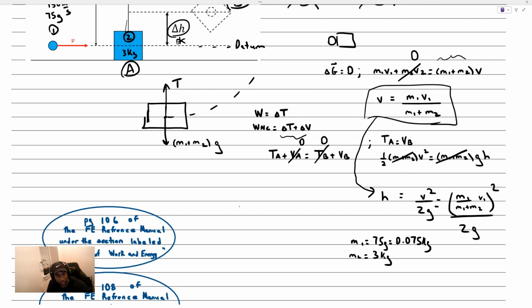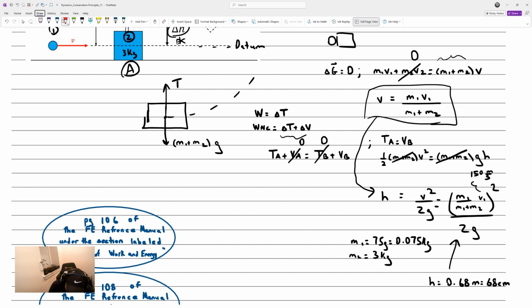If we sum those two things up, plug them in here, and plug the speed in here as 150 meters per second, we can go ahead and get our solution. So let me do that. What we get is that the height is equal to 0.68 meters, or 68 centimeters, which is the final answer.